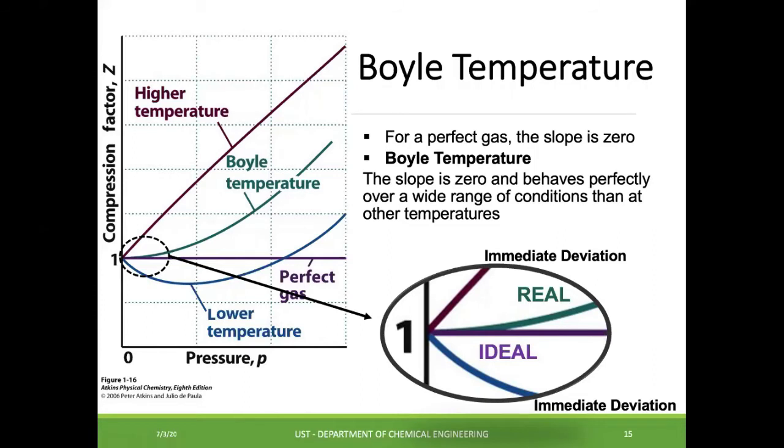Now, if we have a high temperature, what do you notice? At high temperature, kinetic energy is higher because temperature is directly proportional to kinetic energy. So Z deviates from 1, and it's always higher than 1.